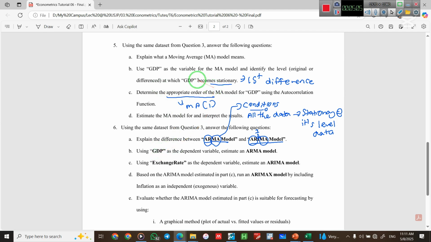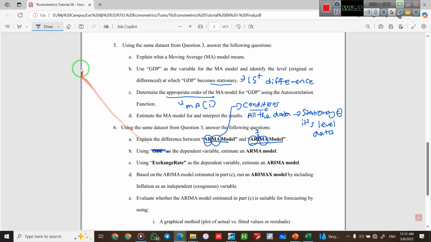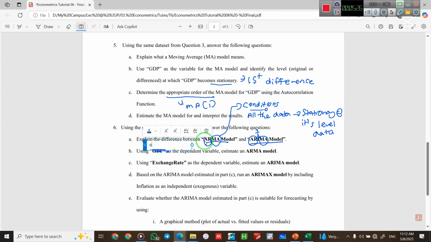We have checked the stationarity of GDP in the level data, and we found that it is stationary at its first difference. So here the variable is not GDP, it should be changed to the exchange rate. The dependent variable is not the GDP, it is the exchange rate, right?